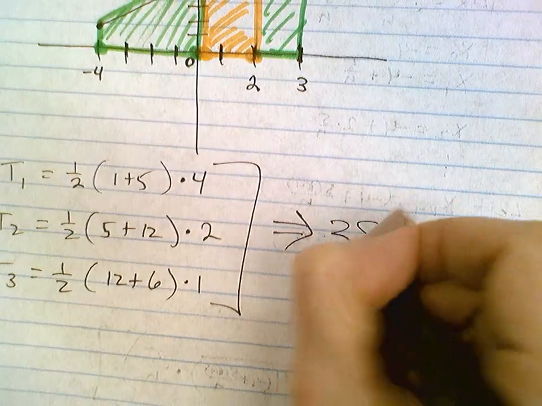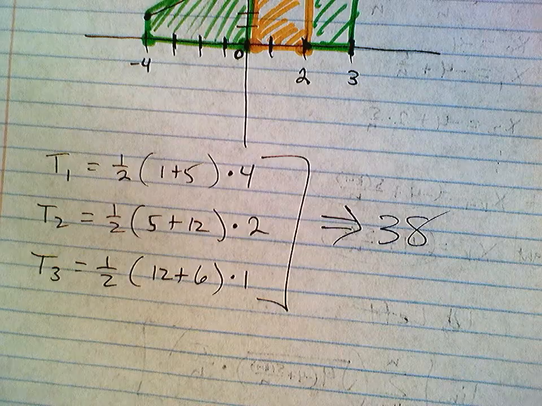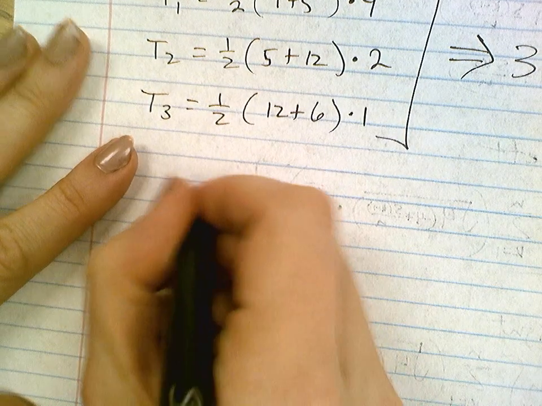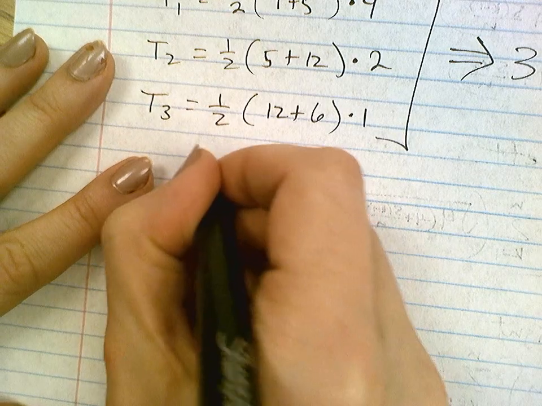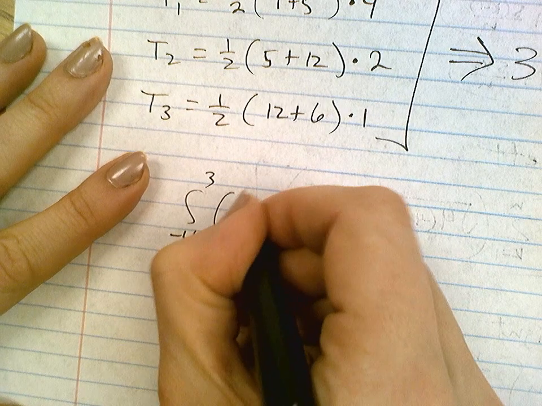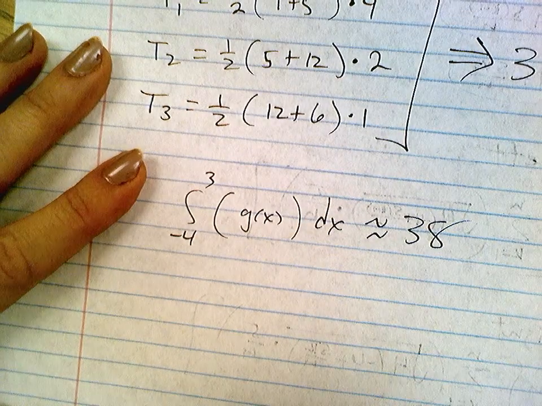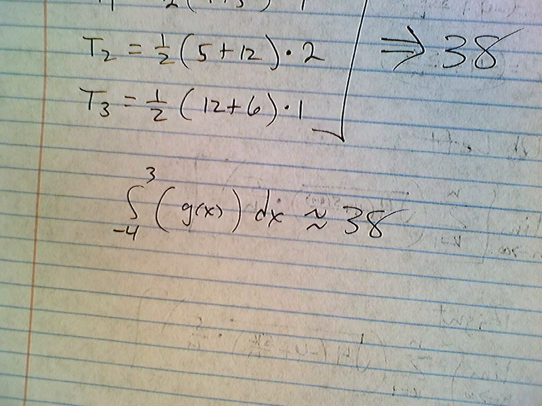When I add them together, I get 38. So let me just state this real nicely for my reader. The integral from -4 to 3 of g of x is approximately 38 square units. So there will be a trapezoidal sum.